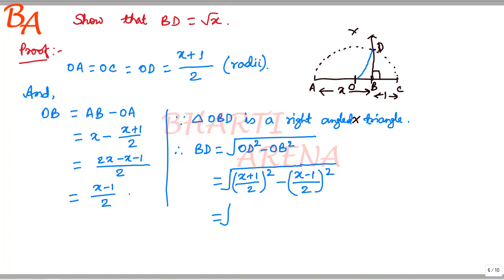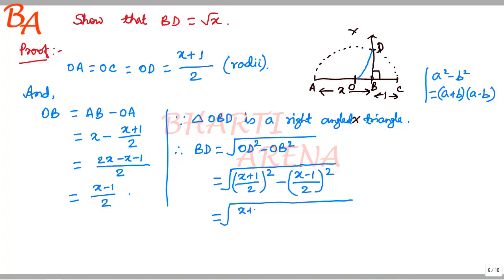Equals root under, we will treat it like a square minus b square. So we know that a square minus b square equals (a plus b) whole into (a minus b). So we will treat it like that one.